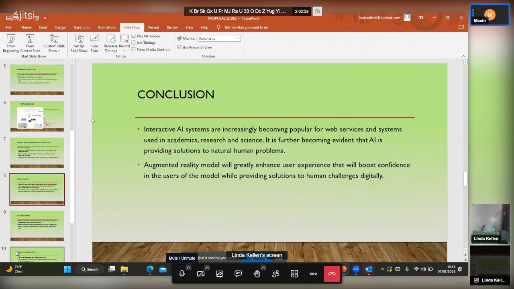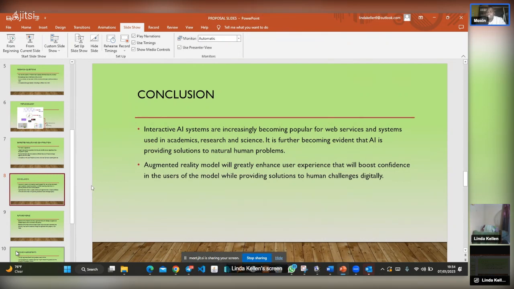Thank you, Samuel. And it is quite interesting when you get to realize how much interactive AI systems are increasingly becoming popular for the web services and systems used in academics, research, and science. You get to realize that as a student, for the time you've been around the university, you do not even know where the police station is.